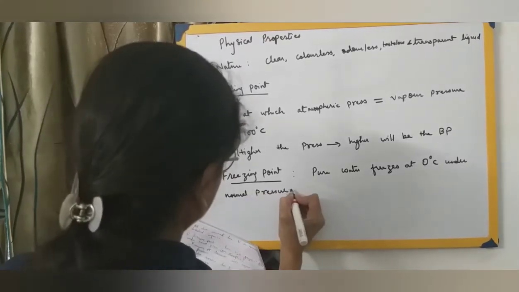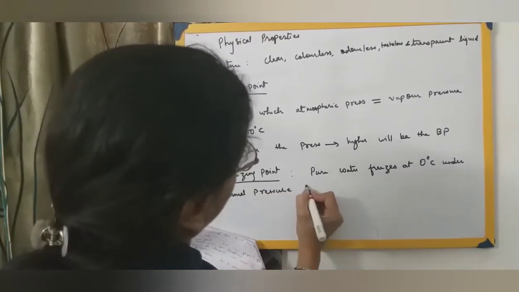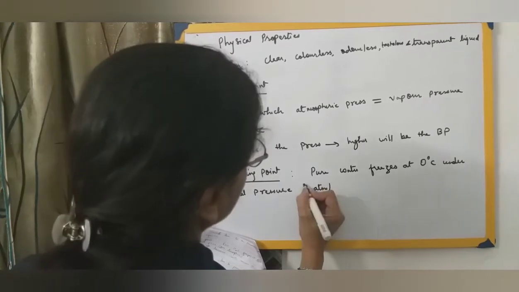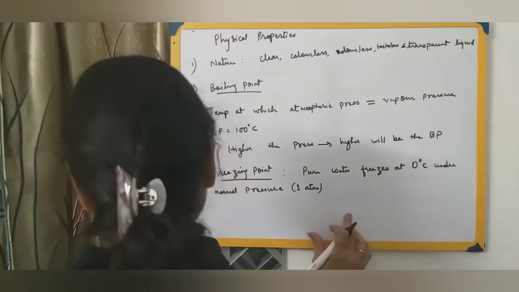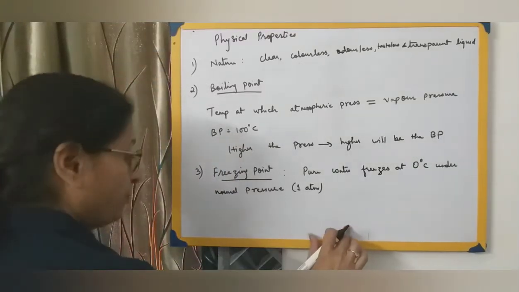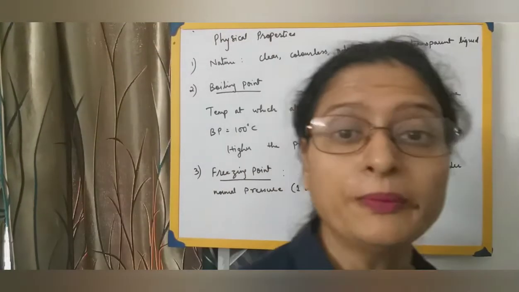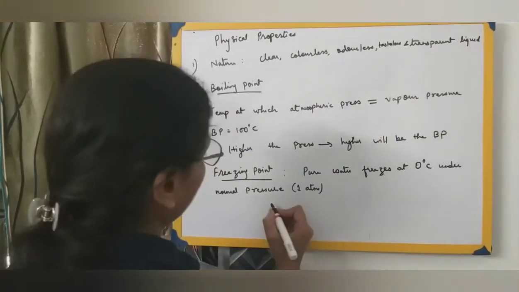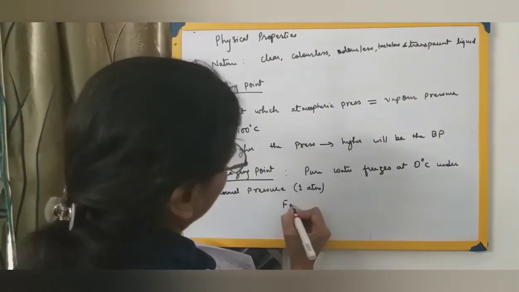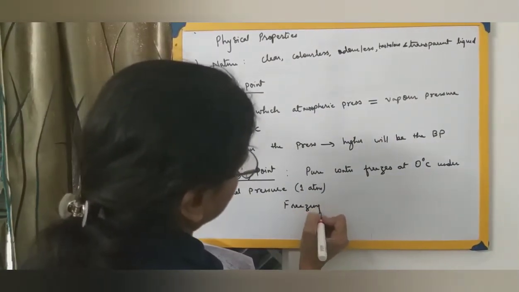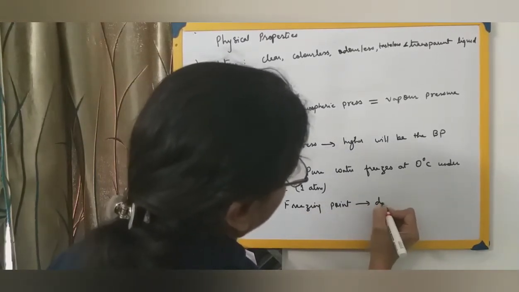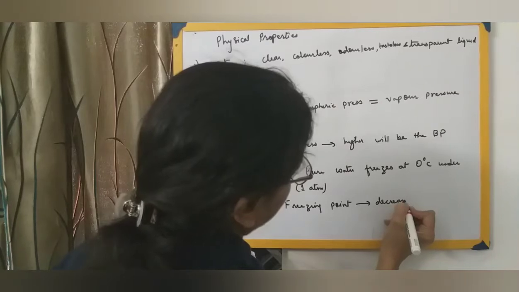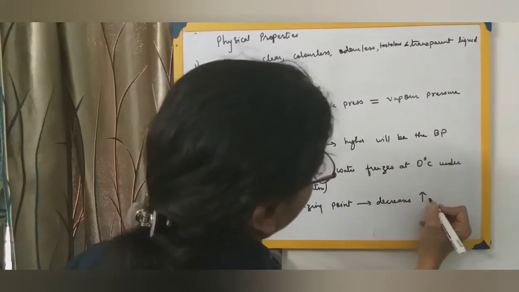Normal pressure means 1 atmosphere. When the pressure is 1 atmosphere, pure water will freeze at 0 degrees Celsius. Now this freezing point decreases with the increase in pressure. So we can say the freezing point decreases with the increase in pressure.